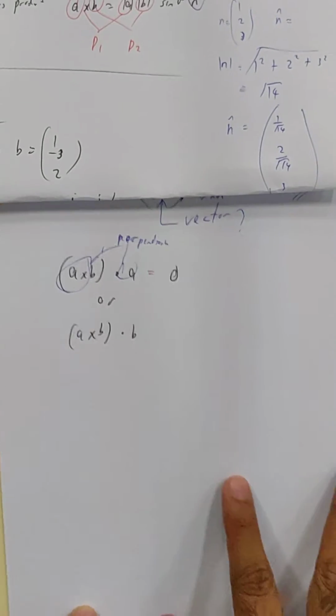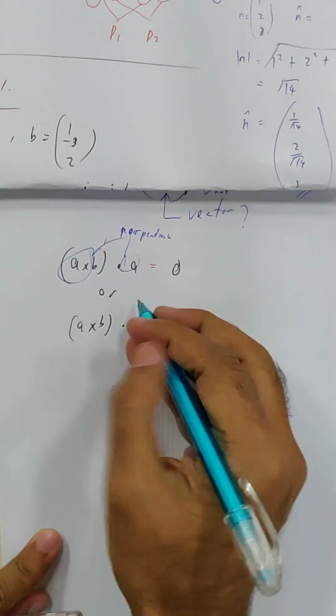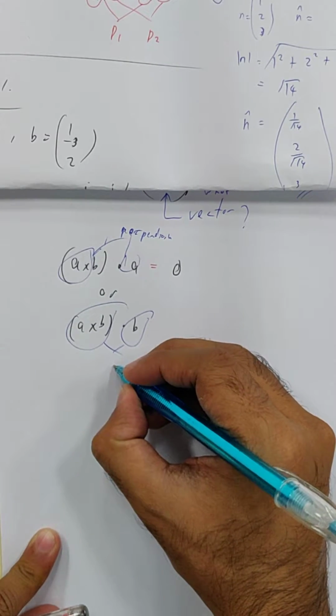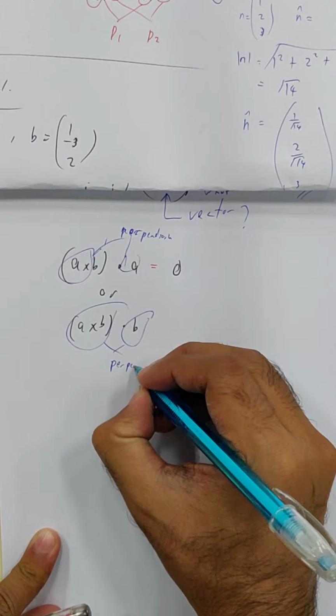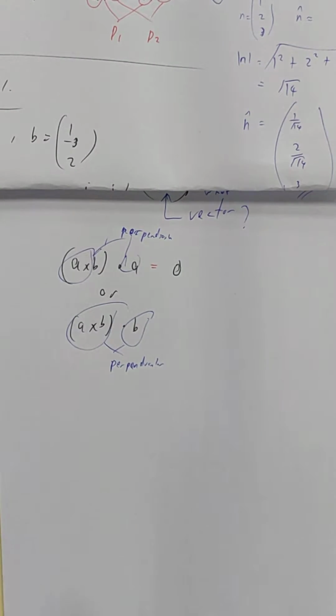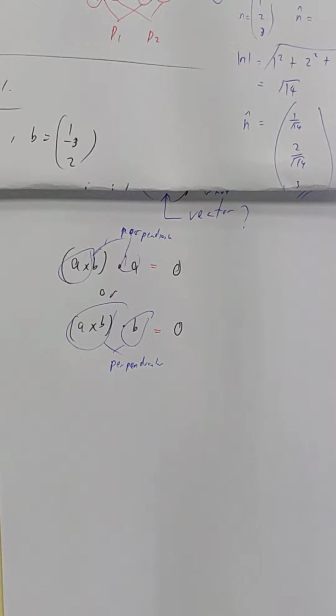So same for this one here. Since these two are what? Perpendicular. So A cross B dot B equals 0. You guys okay?